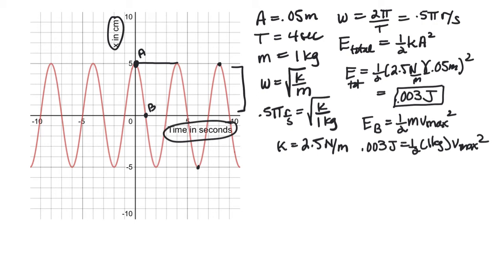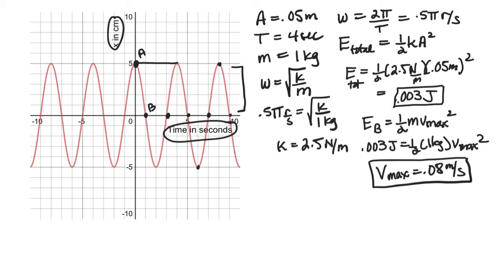And so 0.003 times 2, take the square root, I get my v max equals 0.08 meters per second. That happens when the oscillator crosses through x equals 0.